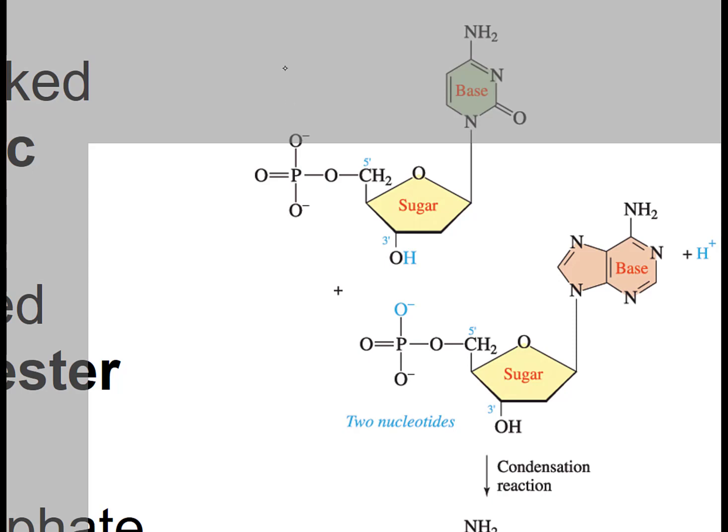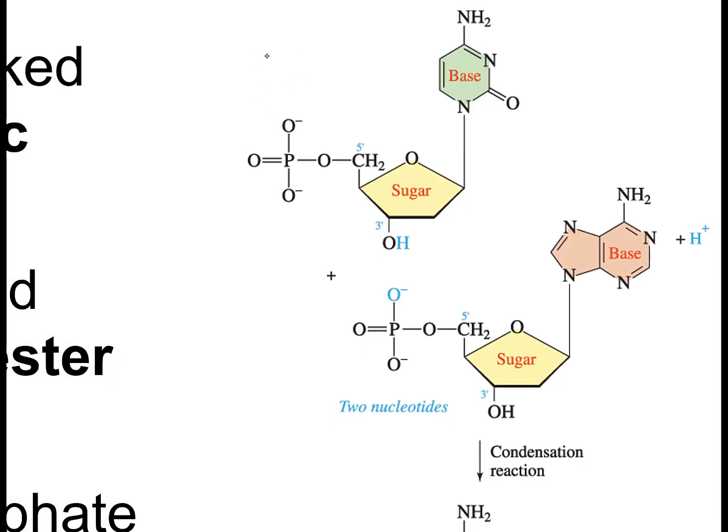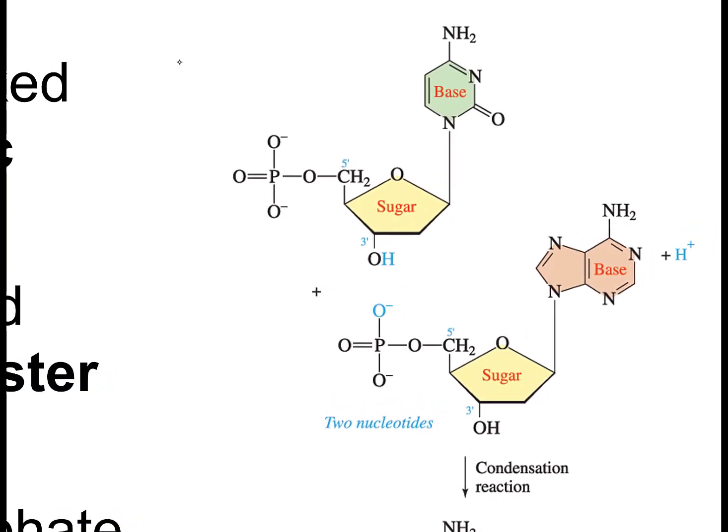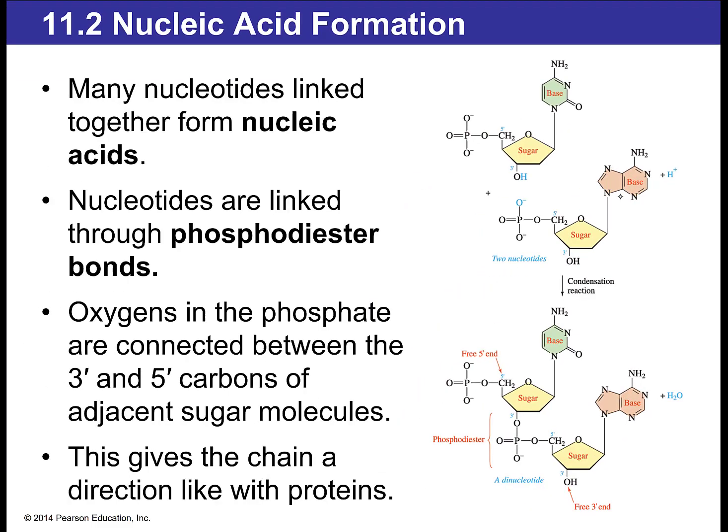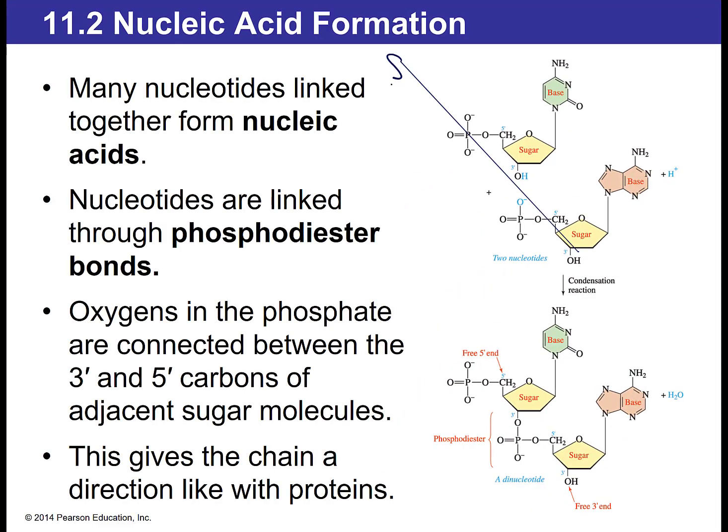So you might have a sugar up here and a phosphate off to the side and a sugar and a phosphate. But always off of the sugar is where the base extends. So there's one. There's the second one. So what you end up seeing is this: a phosphate to a sugar, to a phosphate, to a sugar, to a phosphate, to a sugar, to a phosphate, to a sugar.